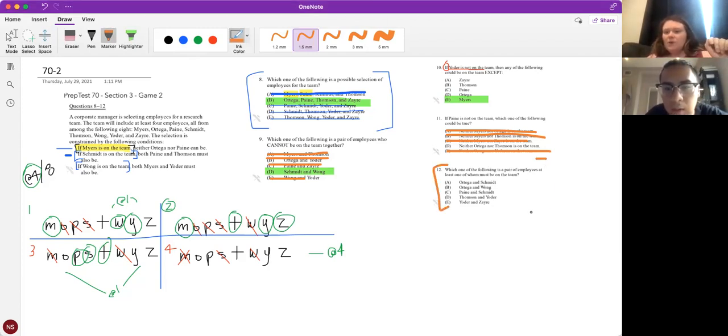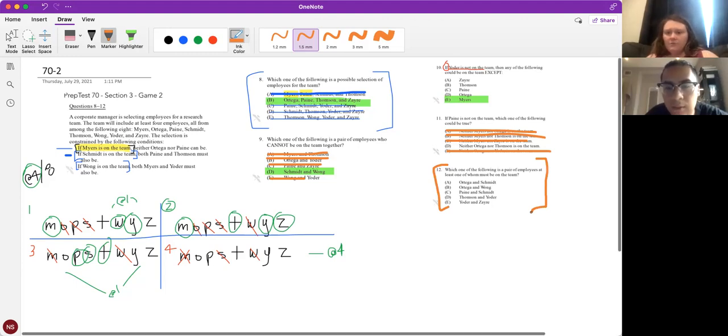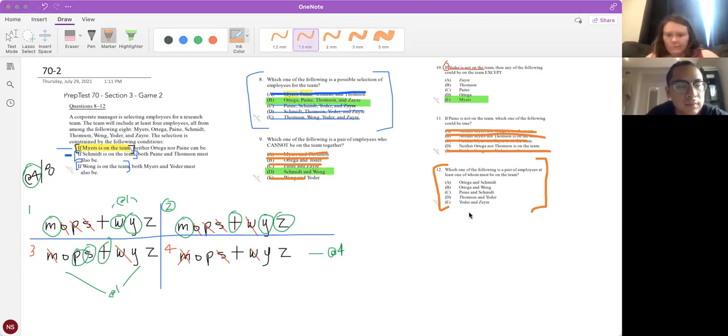So in order to cross them off, we're just seeing if it's possible for both of them to be out. If both of them can be out, then we can cross it off. So A you can cross off, because 1 has them out.